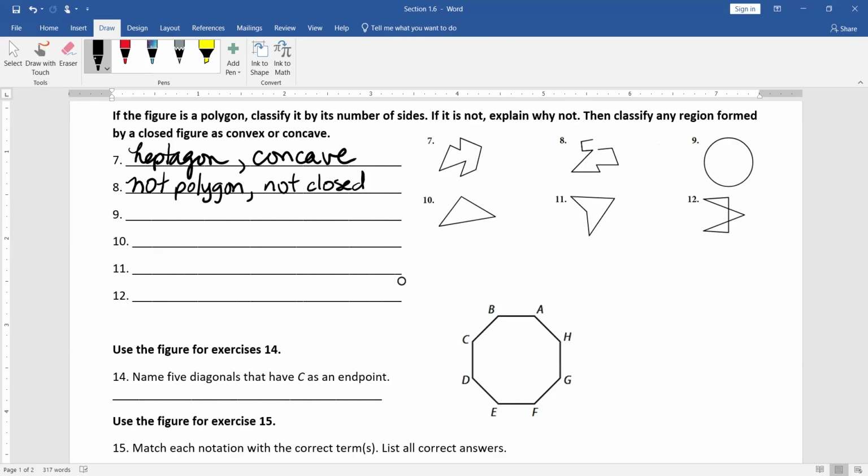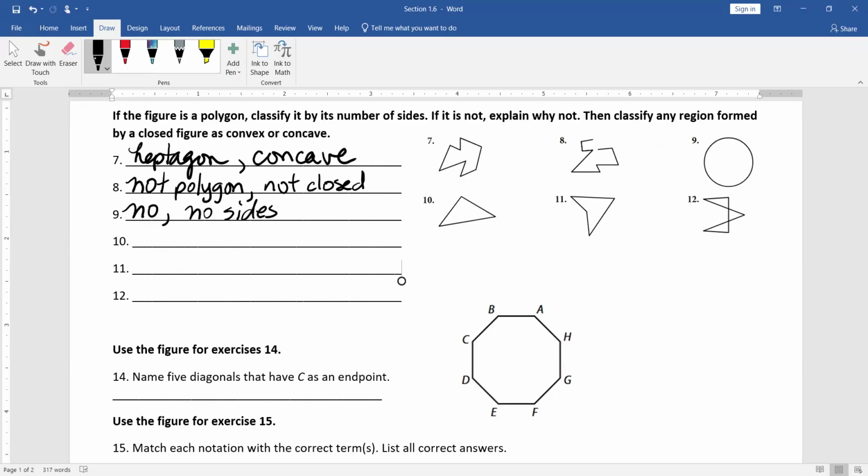Number 9, also not a polygon because it's not made up of line segments. I'm going to say no sides, or you could say it's not all sides.